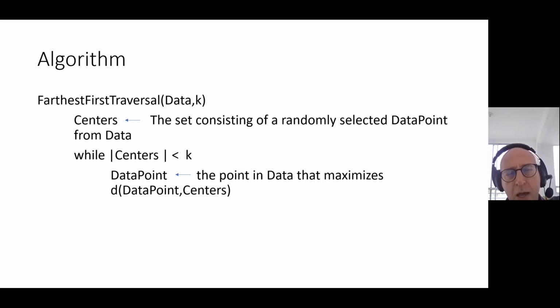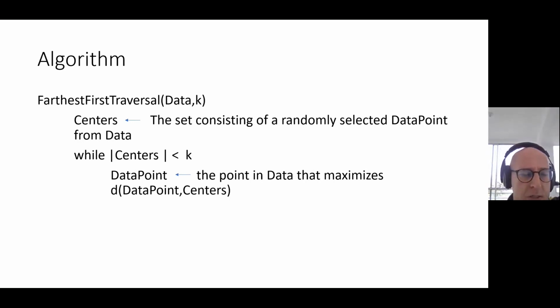And in the iteration, I'm going to define a new data point that I'm going to add to the centers. And which one do I select? I select the farthest one. Given all the data points, I'm going to select the point in data that maximizes the distance between this data point and the actual centers.